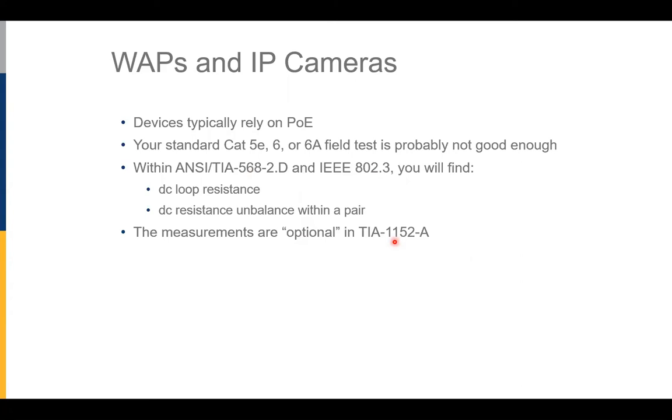The 1152 standard specifies the performance of the cable tester, what tests we're going to run, and how accurate they are. So if you know that you're going to be installing devices that are going to run over power over Ethernet, I suggest selecting test limits that include this well-identified plus PoE.